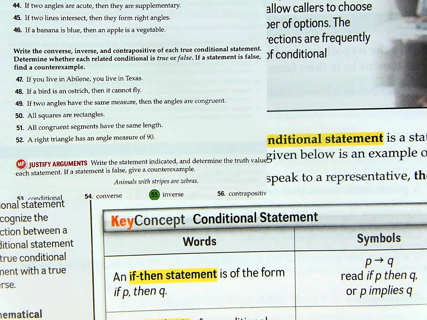How about: if it is a square, then it is a rectangle. There you go.